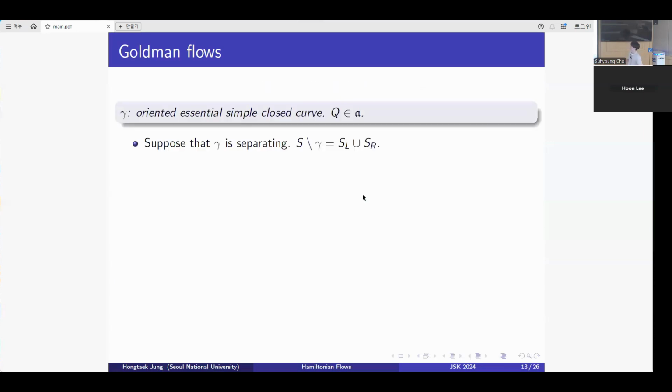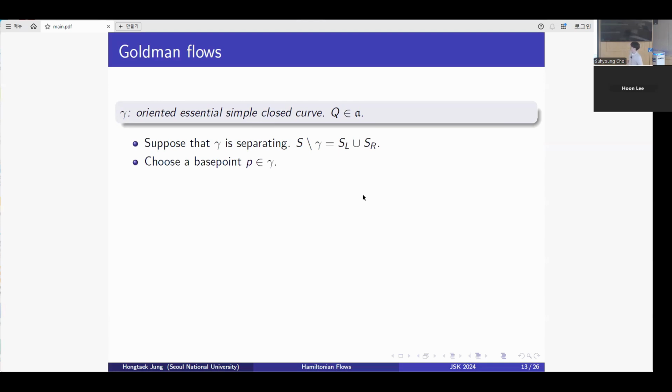Now we can define our Goldman flow. Just remember our setting: gamma is an oriented essential simple closed curve, and A is an element in the Cartan subalgebra. Suppose gamma is separating, meaning that if you remove gamma from your surface, you get two connected component subsurfaces.